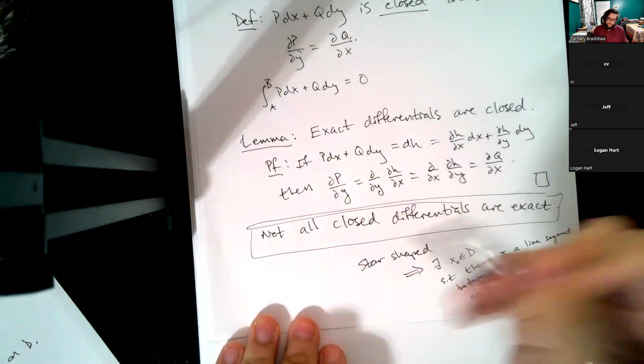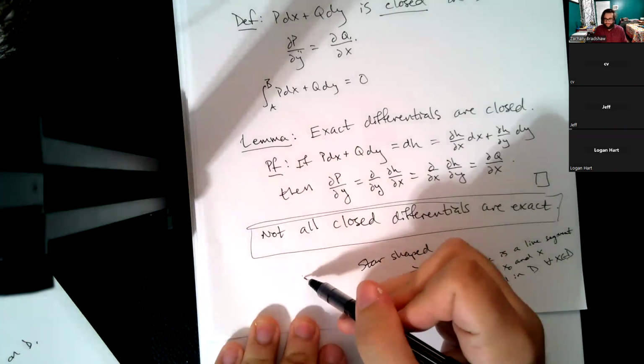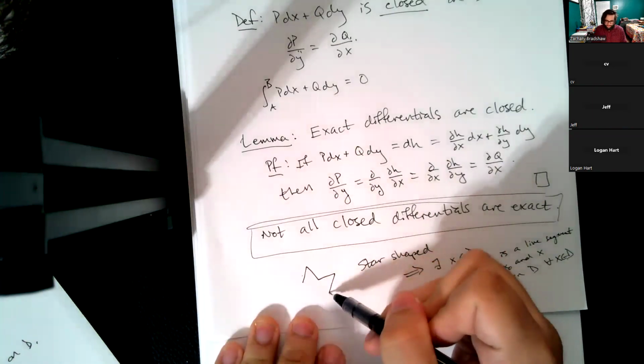It's called star-shaped because that's just a quintessential example.